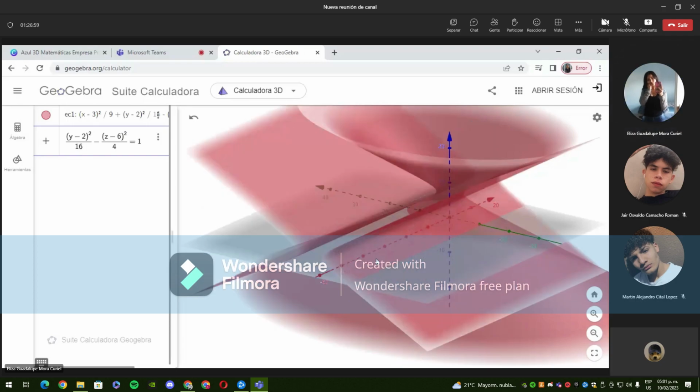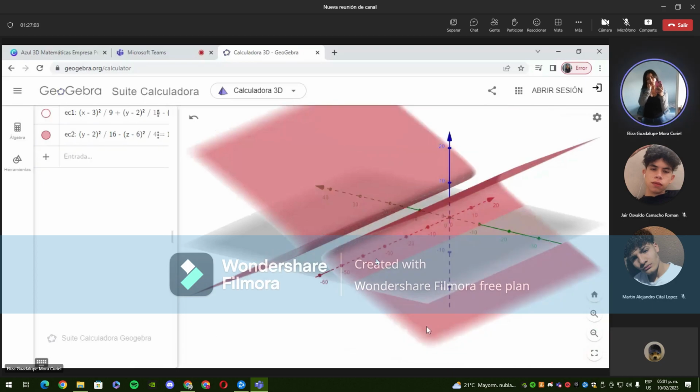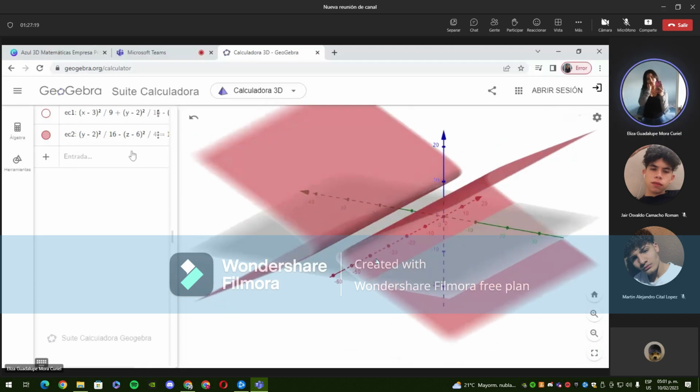to 1. Here we have that when we eliminate the x variable, we have 2 hyperbolas extending on the x axis. This is the first shape. Then let's do the same, but with the y variable.